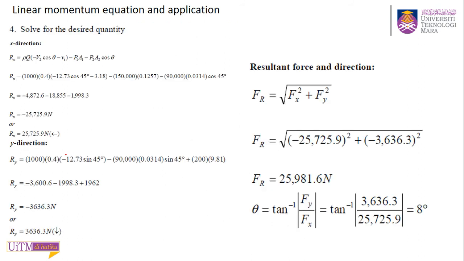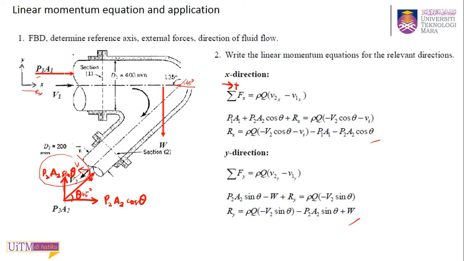Then you can solve your equation. This is your equation in X direction. So you have your rho, Q, V2, V1, P1, A1, P2, A2. Just substitute back, and see here the value is negative. When the value is negative, that means your reference axis, which was written to the right as positive, is wrong.